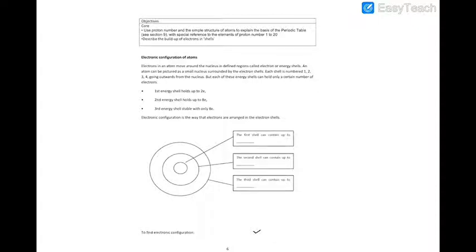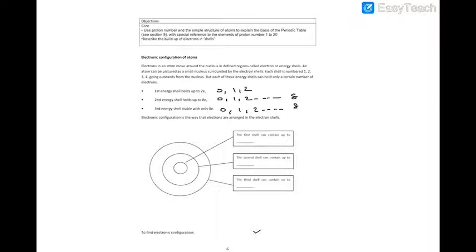So it can hold 0, 1, or 2 electrons, but it will not contain more than 2 electrons. The second energy level will hold up to 8 electrons, so it can hold 0, 1, 2, 3, etc. up to a maximum of 8. The third shell is stable also with up to 8 electrons, so 0, 1, 2, up till 8.